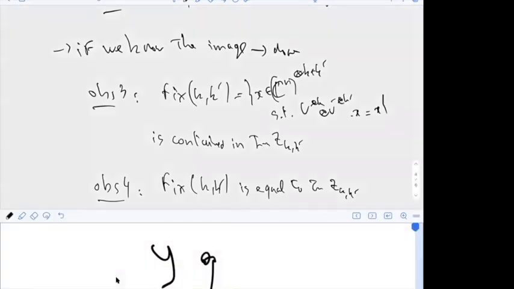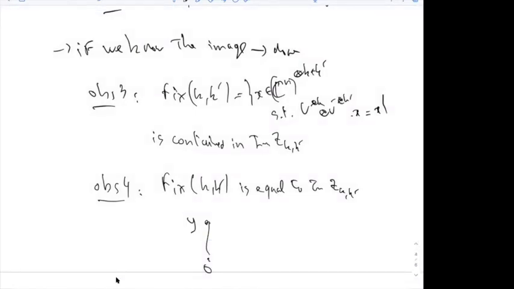So I can find a u such that it gets moved a little bit like this, right? If it can get moved by at least one u, then maybe it can be moved in a neighborhood.